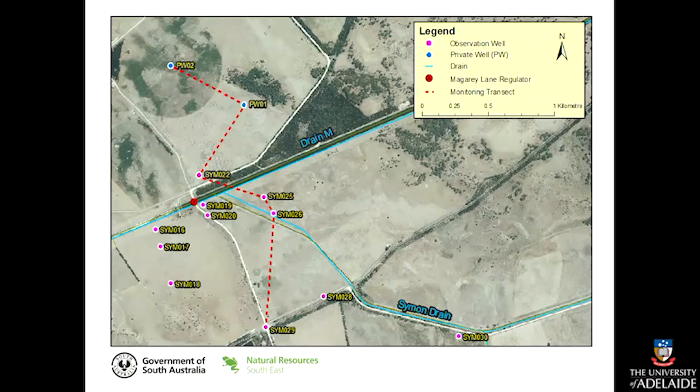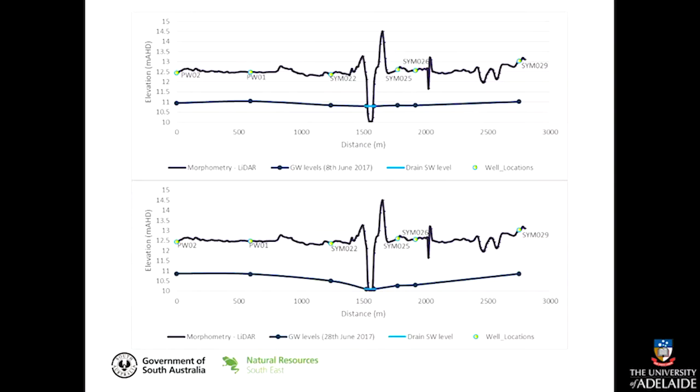So using the data collected from this monitoring transect, and there's also a monitoring station set up at the regulator that's recording water level. It does 5-minute readings within the drain. So if you just look at this plot, the top line, the purply colour, that's the topography.